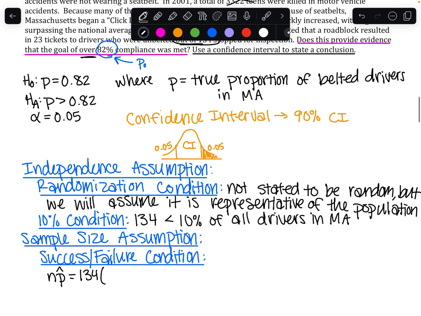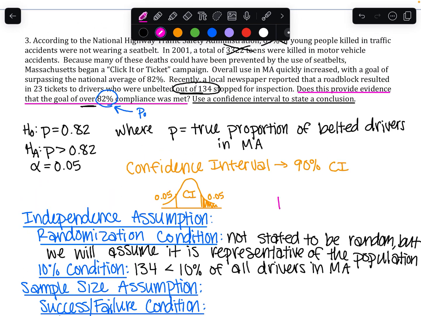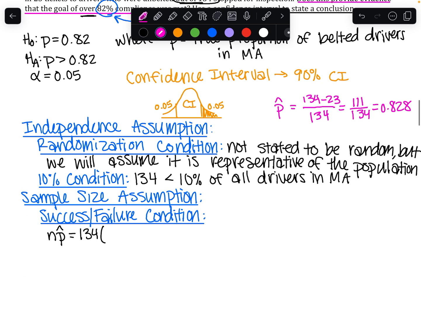I don't even know what p hat is. We didn't find it yet. Let's see. It says, recently a local newspaper reported that a roadblock resulted in 23 tickets to drivers who were unbelted. But I said that p is the true proportion of belted drivers. So 134 minus those 23 people, out of 134, comes out to 111 over 134, or 0.828. Okay, that's the p hat that we're using here.